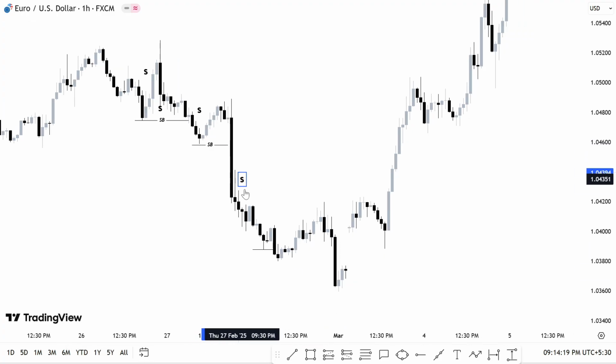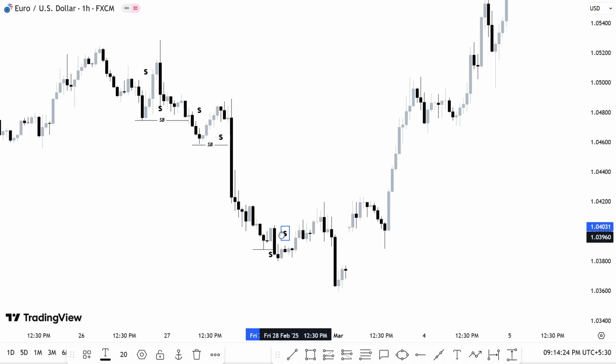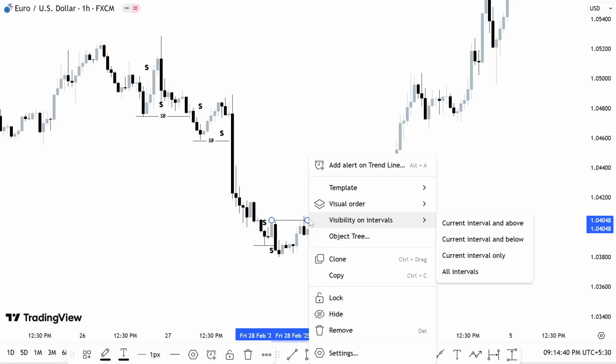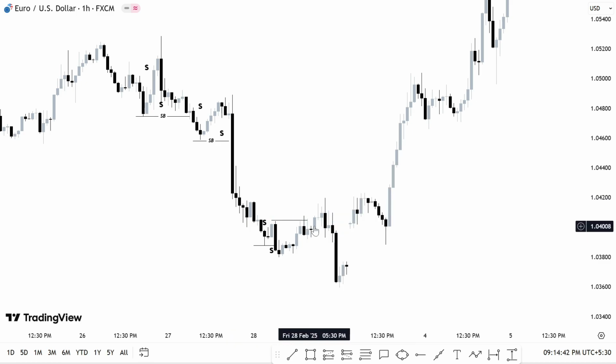Now moving to here, we have spacing here and we have spacing over here, both side spacing. We got a structure break, but what did the price do? Price actually failed to continue downside and moved up. This one over here has spacing here but not here.